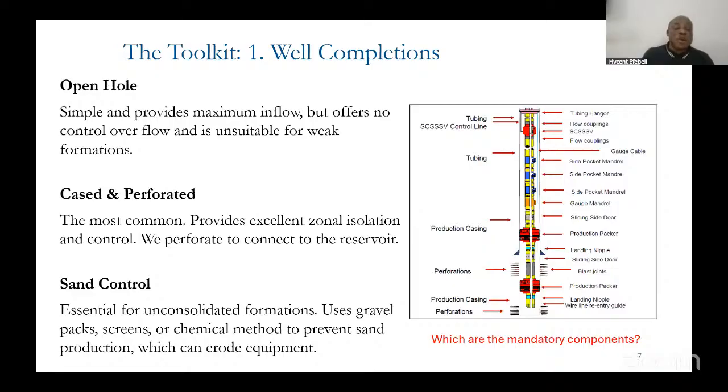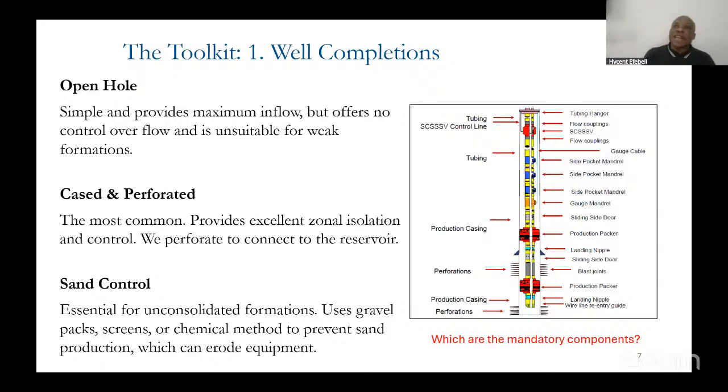Then there is one element that is very important, and that is sand control. Because if you complete your well and you produce a lot of sand, like more than 2 years ago, one of the organizations completed a well and it flowed for about 6 months.